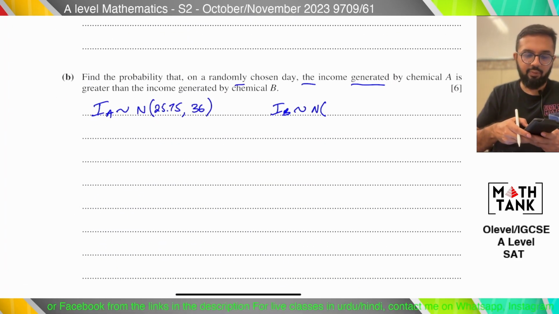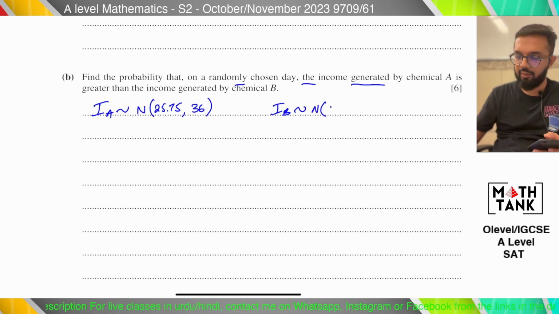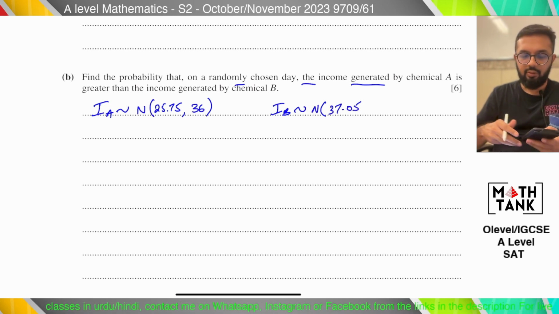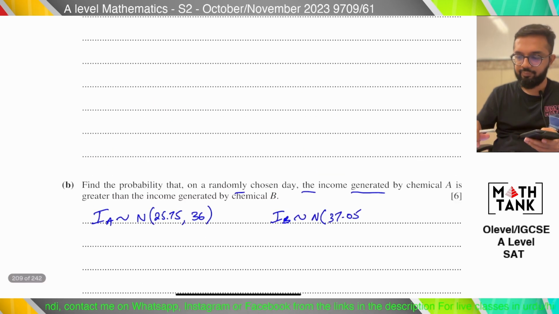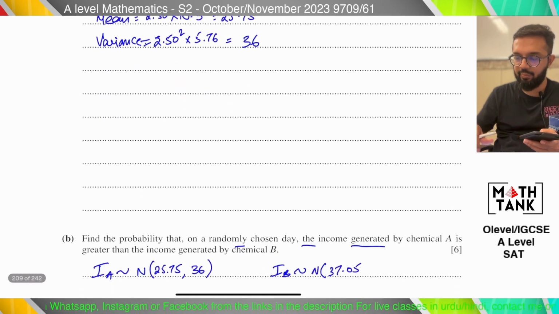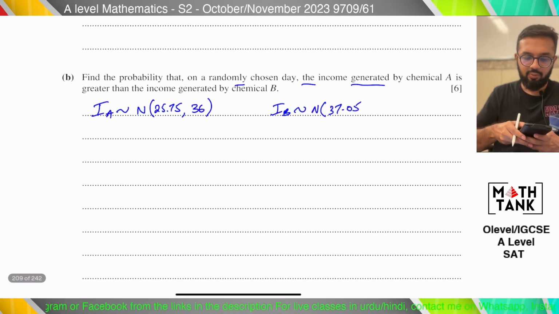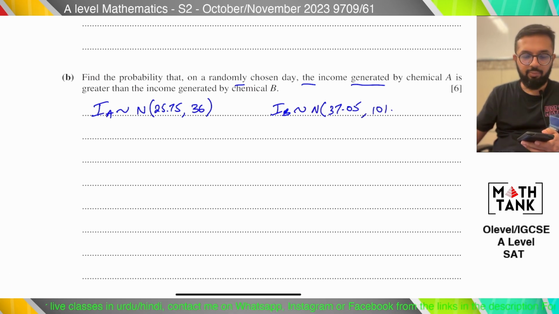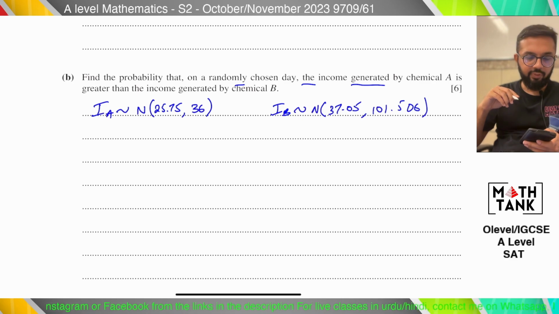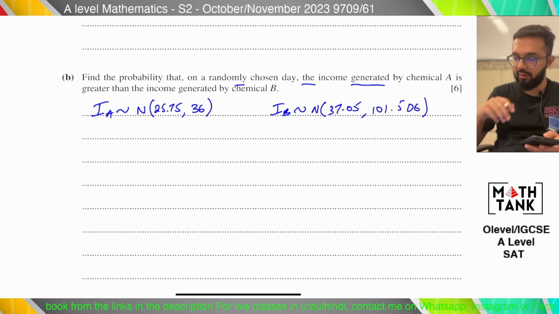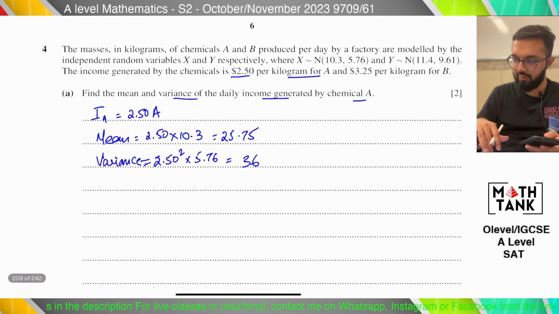That gives us 37.05 and 3.25 squared times 9.65, 101.506. Looks like a very large number, but yeah, that is it.